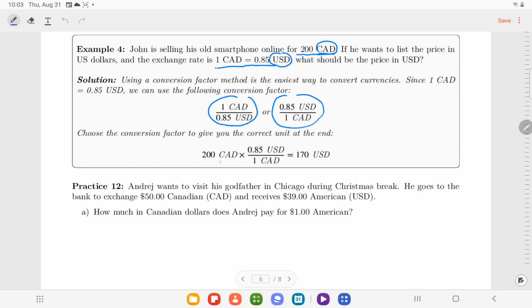We want to convert from Canadian dollars to US dollars. So 1 Canadian, we want to cancel Canadian out, is 0.85 US dollars, 85 cents. So 200 times 0.85 divided by 1 is 170 US dollars.